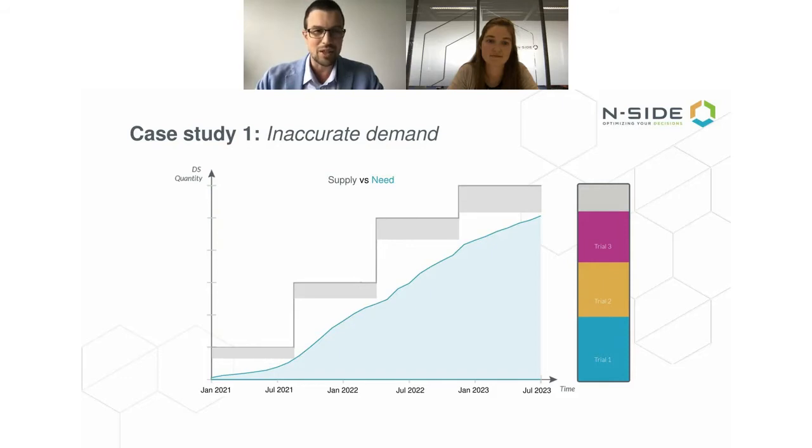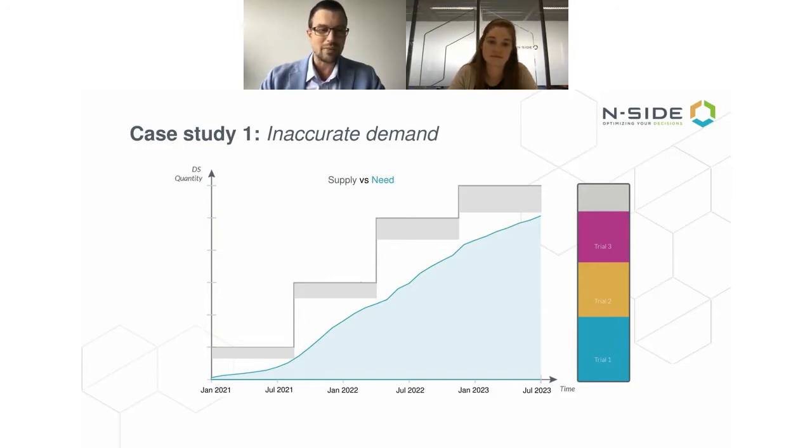For these pretty small trials, easy to forecast, we realized that each of the individual study managers first didn't have the right tools to be able to forecast. So they went really high level, really conservative in coming up with their demand. Second, they didn't have a lot of oversight or guidelines on how much overage was needed. So they went with something that they felt would be comfortable for them.